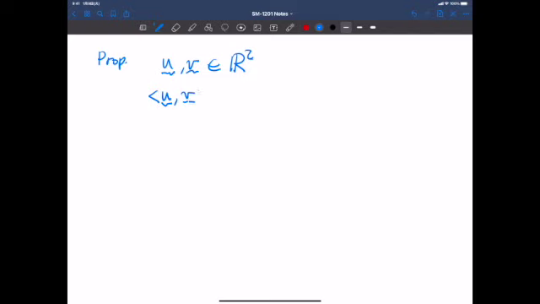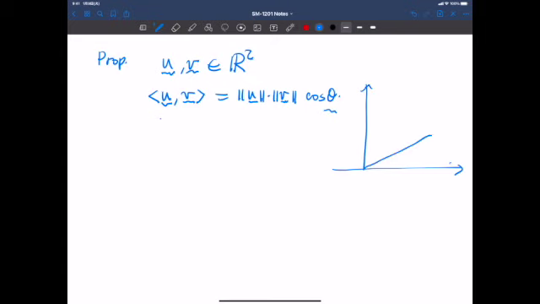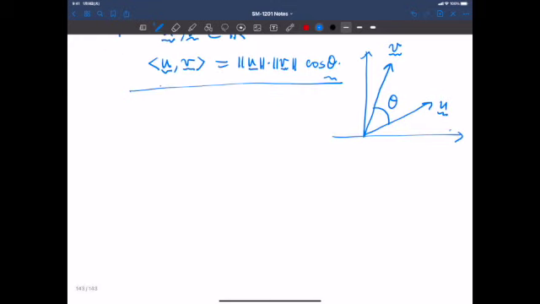The scalar product of u and v is equal to the modulus of u times the modulus of v times cosine theta, where theta is the angle between u and v. So in two dimensions, if we have u and v, let's say, and the angle between these two vectors is theta, then we have this result. Let's prove this.